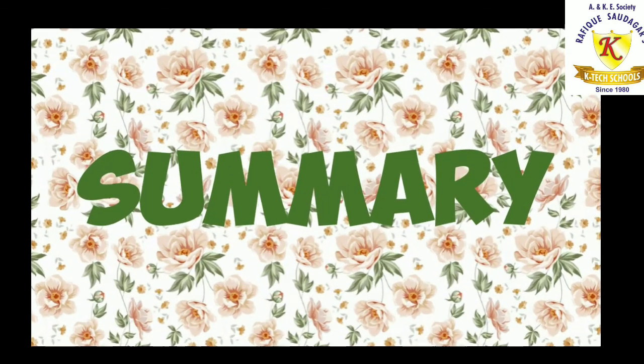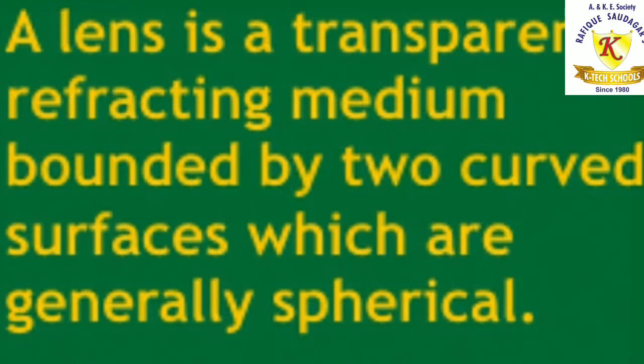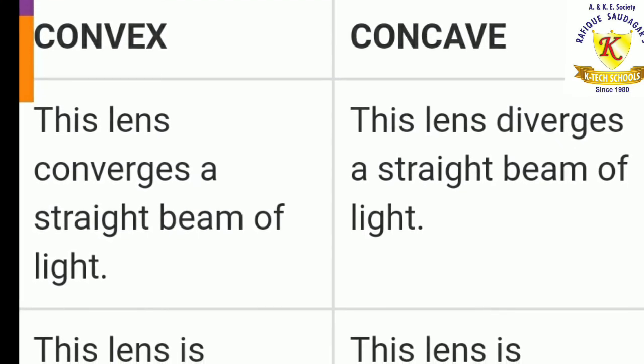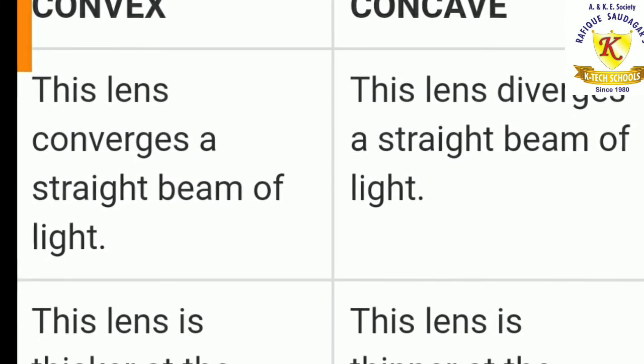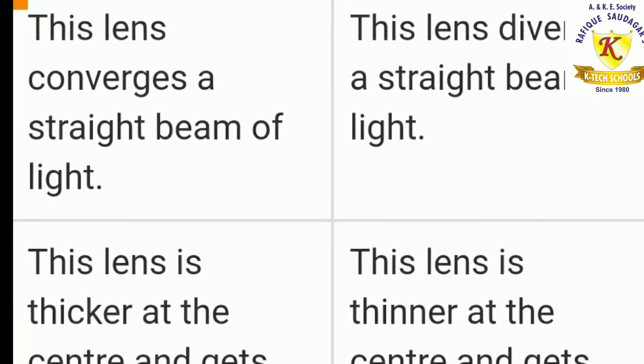Let us quickly summarize what we have learned today. Lens. A lens is a transparent refractive medium bounded by two curved surfaces which are generally spherical. So this is a lens. Convex and concave lens. Convex lens converges a straight beam of light and concave lens diverges a straight beam of light.